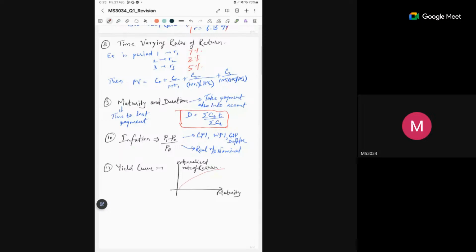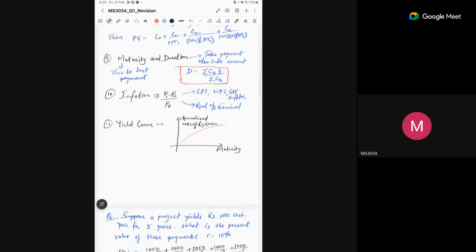Because the longer you hold your investment, the higher the interest it should earn, because you are taking a higher amount of risk, because things are more likely to change in a longer period than in a shorter period. Okay, this was the main line of topics which we had till our week 4 discussion.